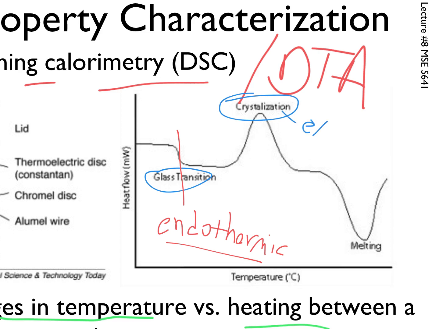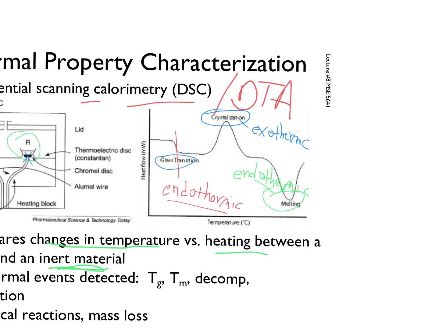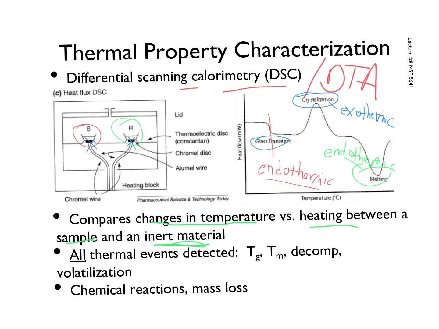This is exothermic, meaning that it liberates heat, and then this follows up with a melting, which, because it's pointed downwards, must also be endothermic, meaning that it absorbs heat as well. All right, so you guys maybe have seen some of this already. I believe one lab does this. Any questions so far?